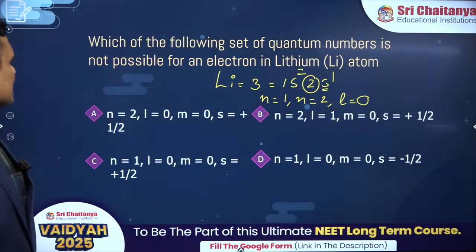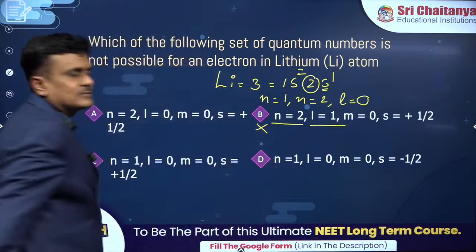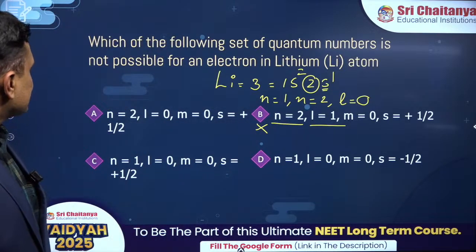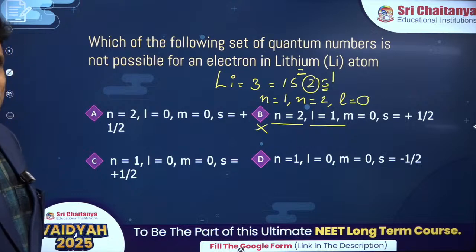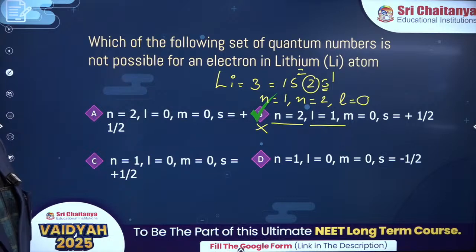So you can see that n equal to 2 is possible, L equal to 1 is not possible. You know that L equal to 1. Tilak, you made a mistake here, isn't it? All right, buddy. Got it? So 2 questions we discussed and 1 mistake you made.